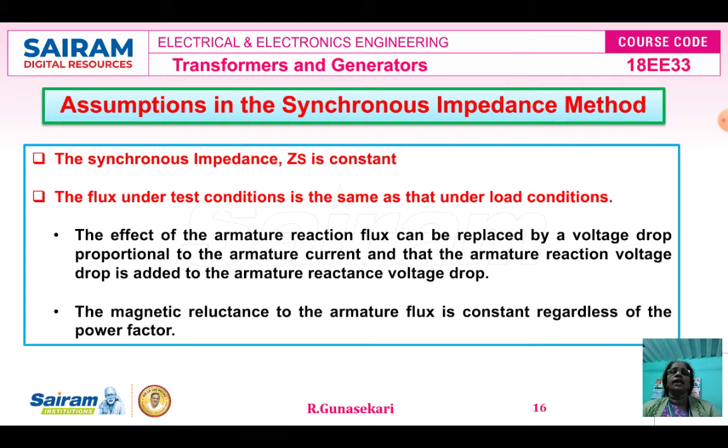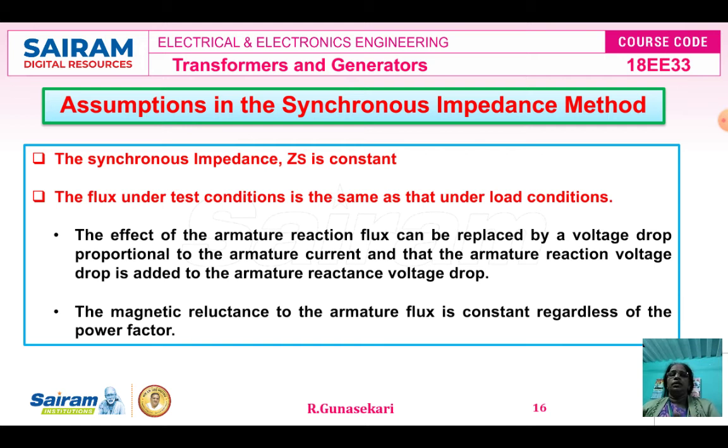Now, what are the assumptions made in the synchronous impedance method? The first one is that the synchronous impedance ZS is constant. Because we calculate ZS from the OC and SC characteristics only, it should be constant.